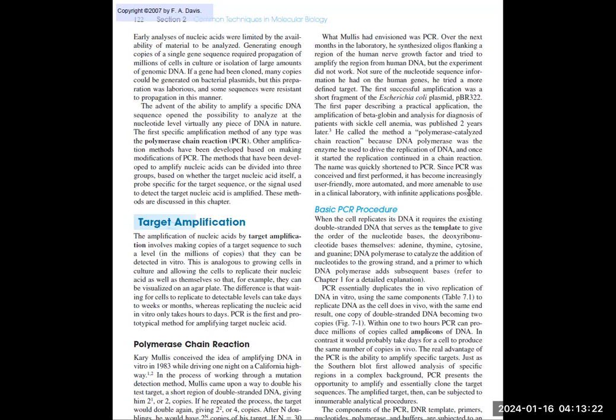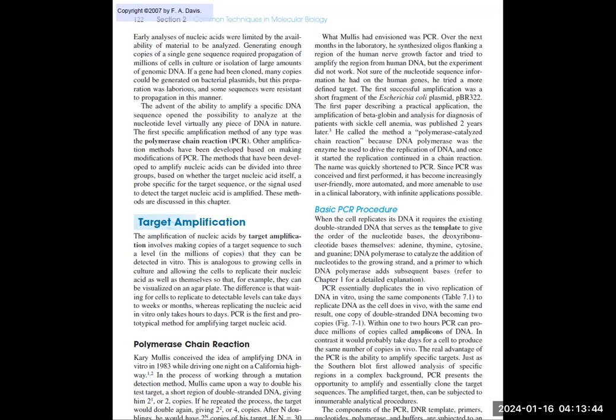The primers are really significant when it comes to the sensitivity of our PCR. PCR mimics in vivo DNA replication. It's just like we're doing DNA replication but in vitro, because we cannot do it in vivo inside living organisms like humans.